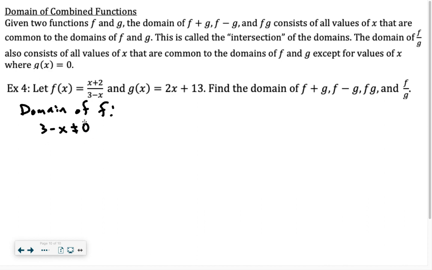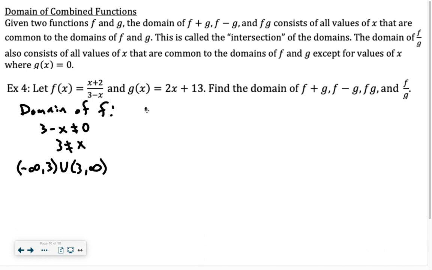So this is what I need to do. I need to say the denominator cannot equal 0. Solving, I can just add the x over, and I get that x cannot equal 3. So the domain, if we want to write it in interval notation, we would say negative infinity to 3, skip 3 like that, and then 3 to infinity.